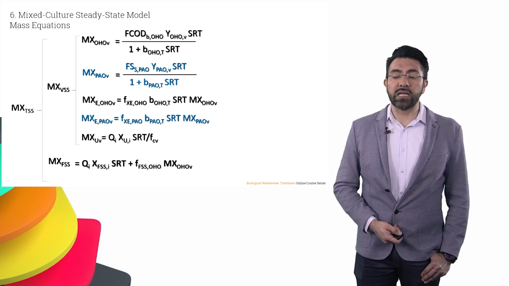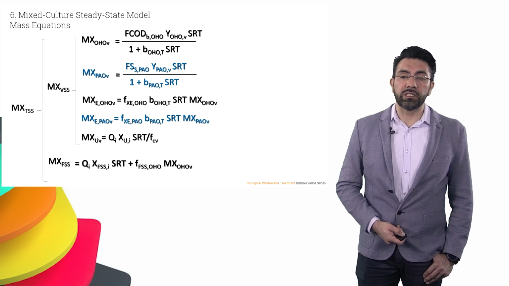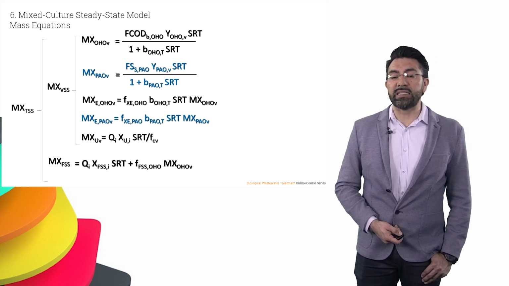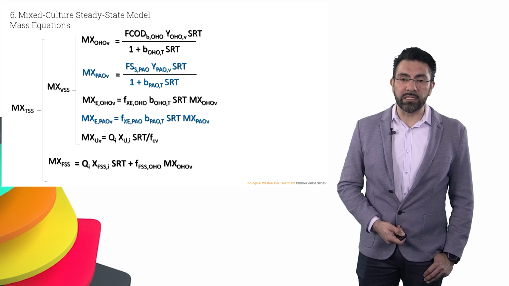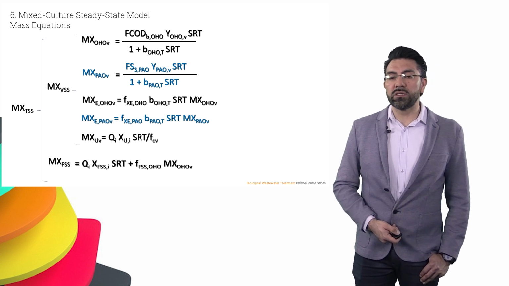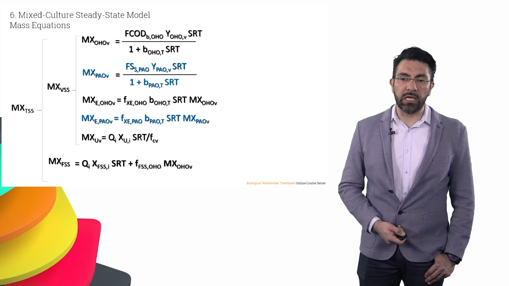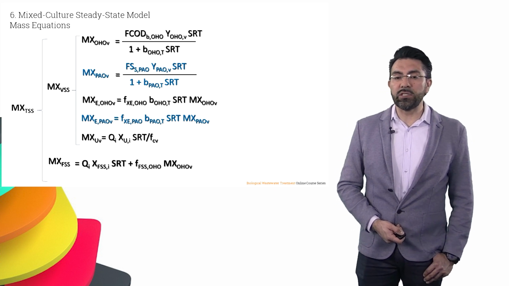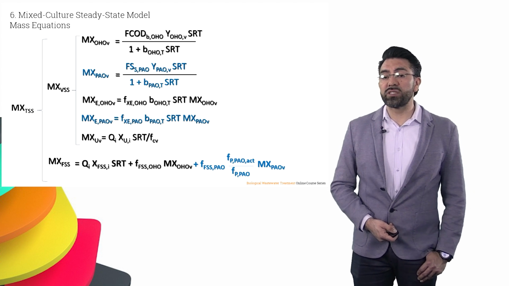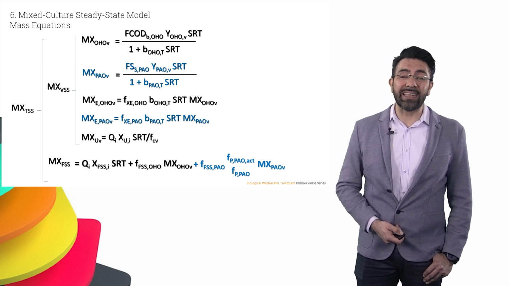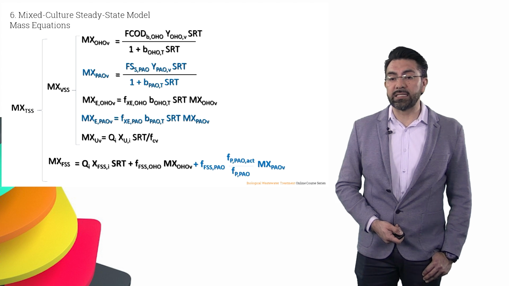These fixed suspended solids are certain minerals, certain metals that the microorganisms need and they will accumulate due to their microbial metabolism. But even more important in this particular case for the EBPR process is that we need to estimate what is the mass of fixed suspended solids that the phosphorus accumulating organisms will also be adding on top of what the OHOs and the fixed suspended solids will contribute to in the system.